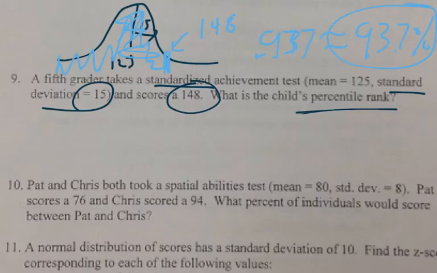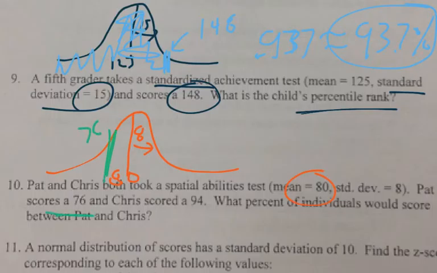All right, let's squeeze in one more. Here's my quick sketch again, guys. This time we're told the mean is 80. We're told the standard deviation is 8. Okay. We know that Pat's score, I'll put in green, was 76, so that's a little bit below, right? Let me put 76 there since I don't have a lot of room. And Chris will be purple.